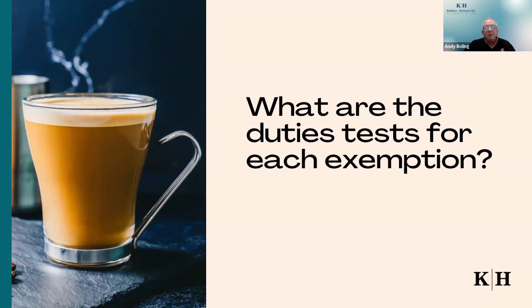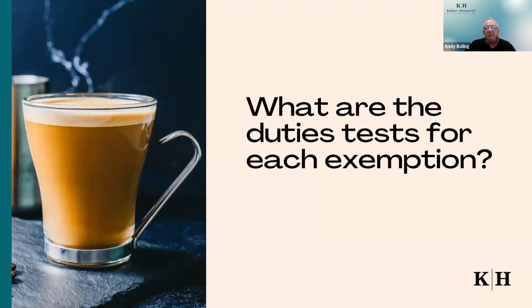The second category is administrative workers, and we probably see more litigation, enforcement, and disputes surrounding this very broad level of classification. Again, minimum salary threshold, currently $684 a week. And then we dive into the duties, and this is different from the categories for executive level employees.